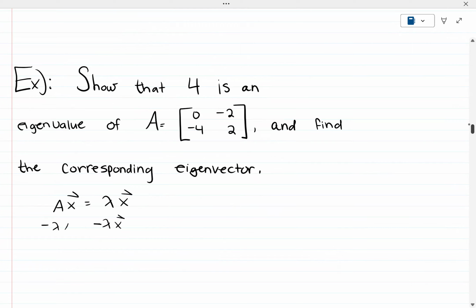Now you have A vector x minus lambda vector x is equal to 0. What could we do? I think we could factor out vector x.